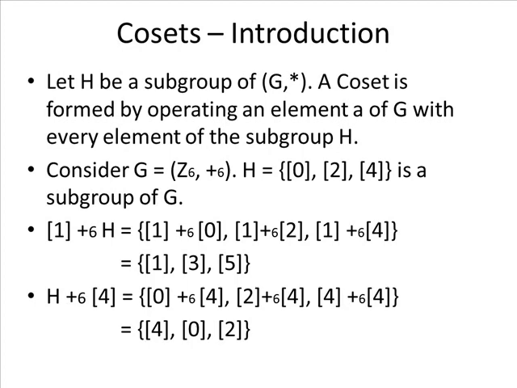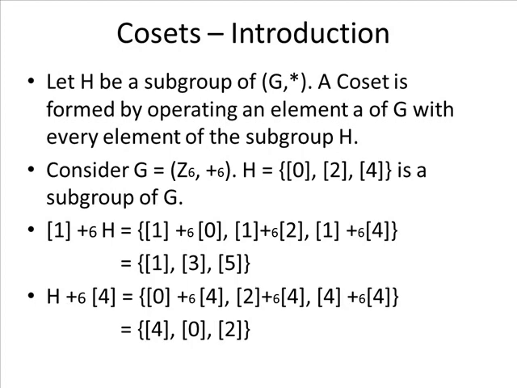Now I have written down two different cosets of this subgroup H. In the first case, I add 1 to every element of H. I get a subset of G, which is 1, 3 and 5. And I've added the element to the left of every element.